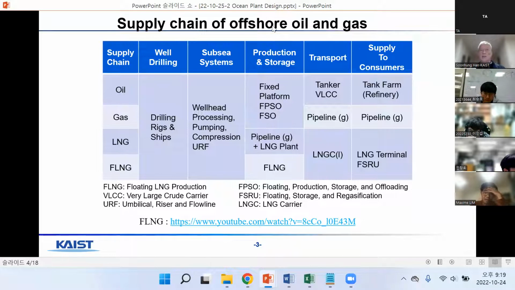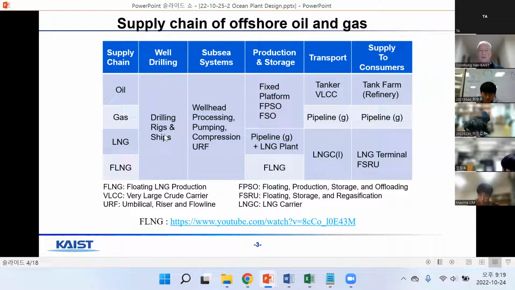And the supply chain of offshore oil and gas, oil, gas, LNG, FLNG, is a little bit similar but different. They start from well drilling, then go to subsea systems, production, storage and transportation, and then finally to customers on land.